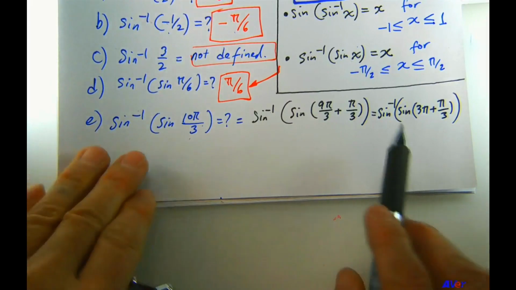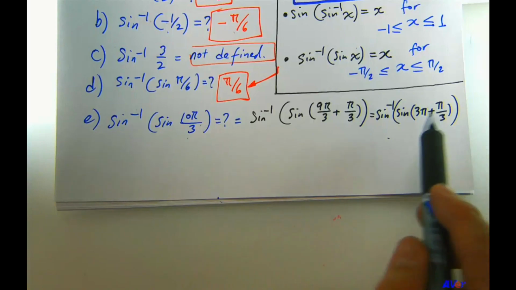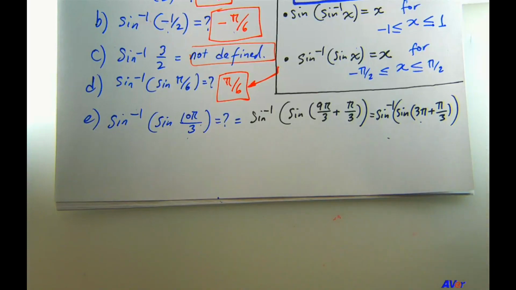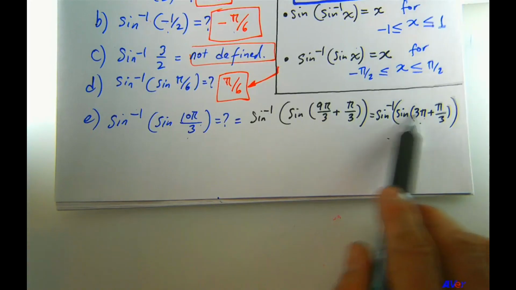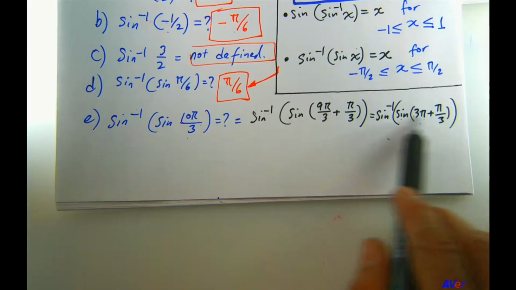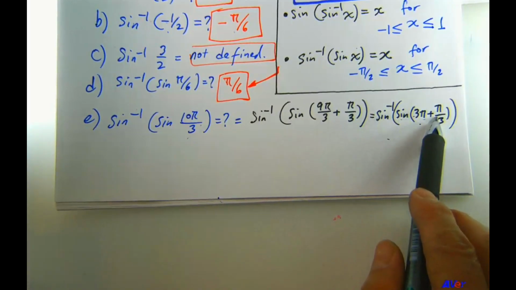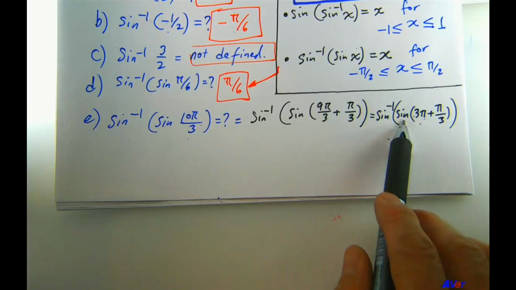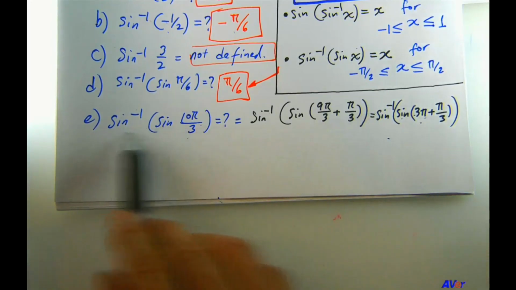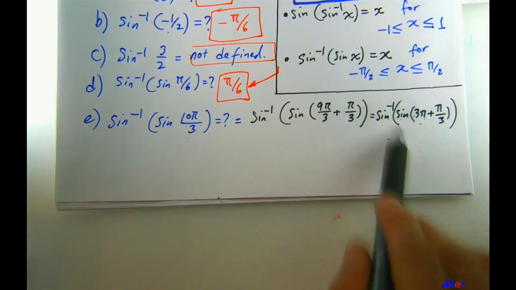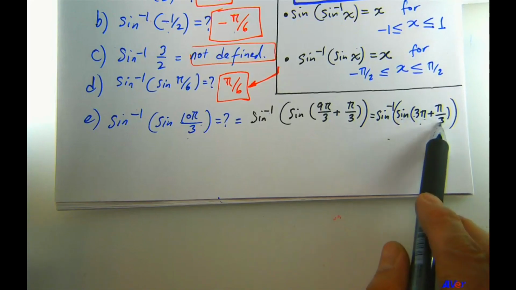Okay, so then after this, so 3 pi over 3, what does this really mean? Let's look at this. What is that angle here? Because the sine of that needs to be calculated. In order to answer this original question, we need to figure out what is inside this parentheses, and that is sine of 3 pi plus pi over 3.